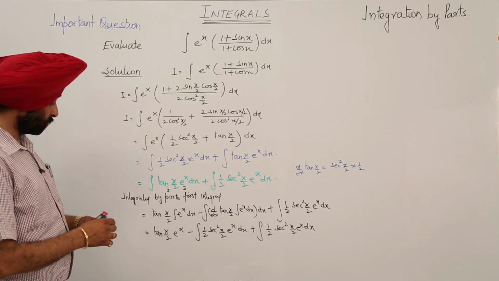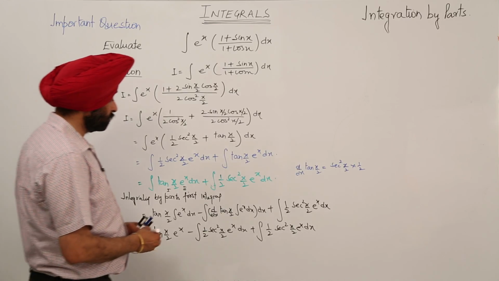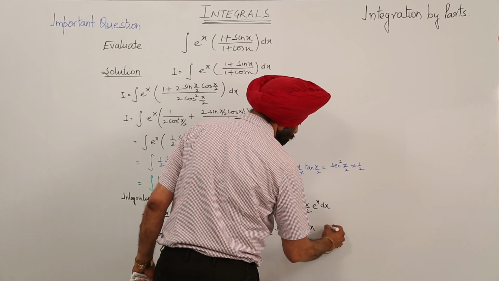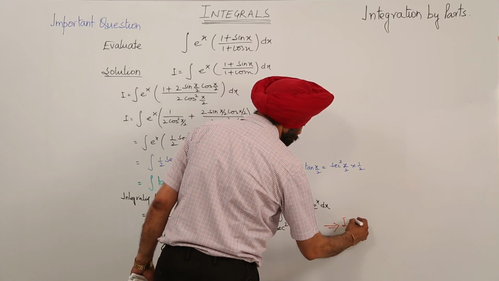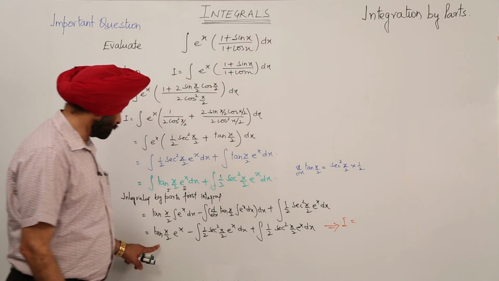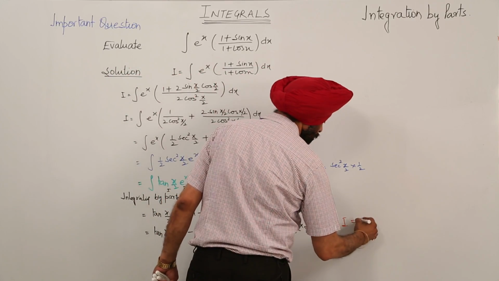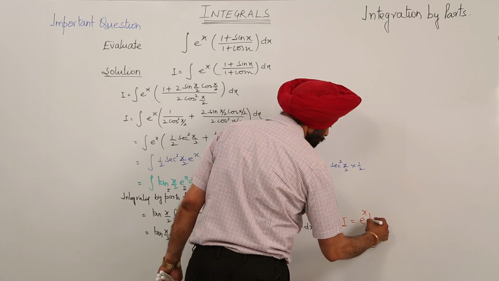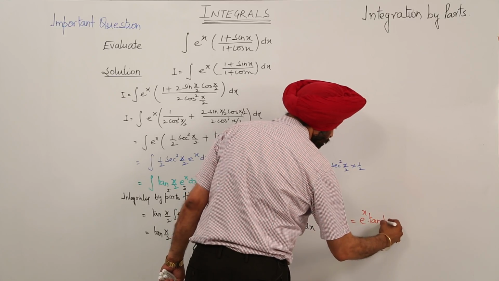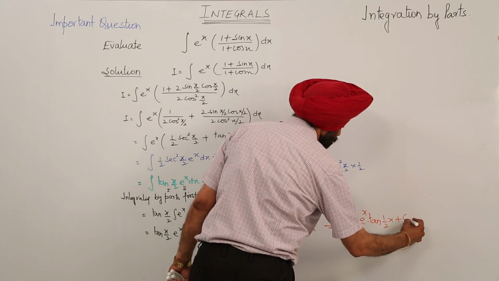Okay. So what the final answer is now? Final answer is, these two cancel, e raised to power x tan half x plus c, answer.